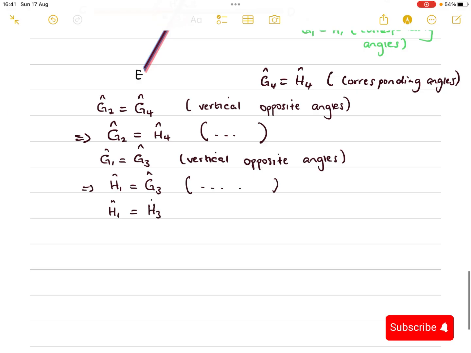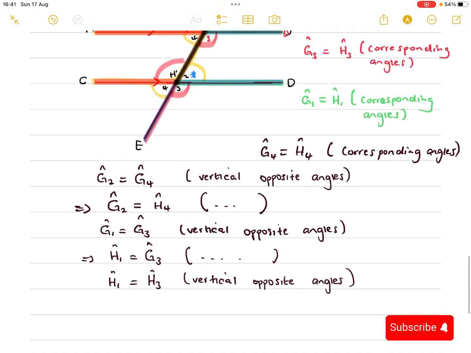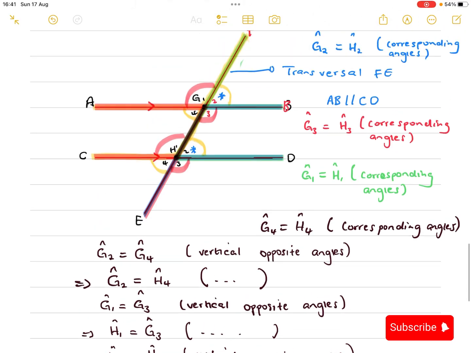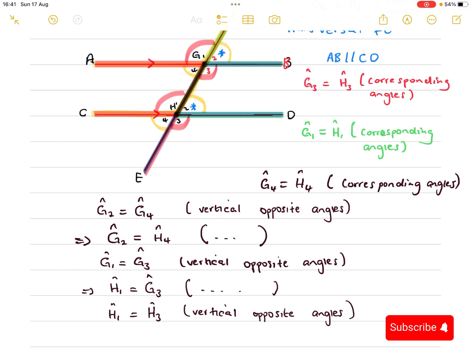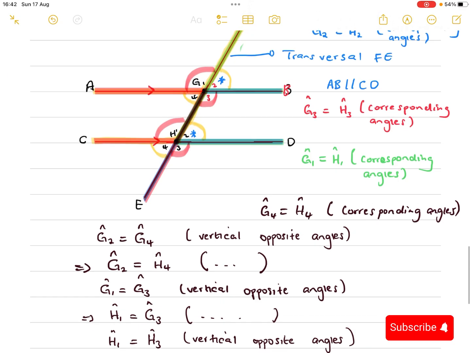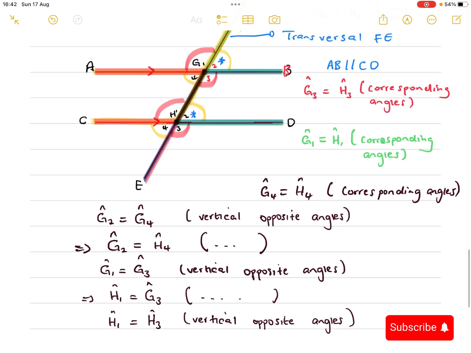And the reason is that we're looking at vertical opposite angles. Okay. But I know that H3 is equal to what? It's equal to G3. Meaning G1 is equal to G3, H1 is equal to G3 is equal to H3 and is also equal to what? It's also equal to G1.